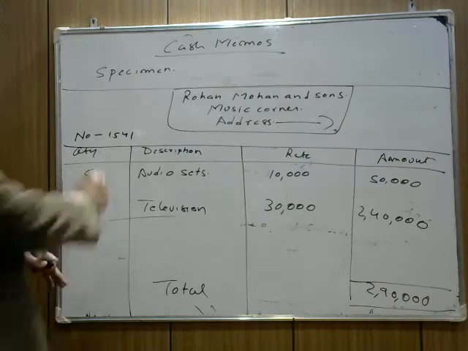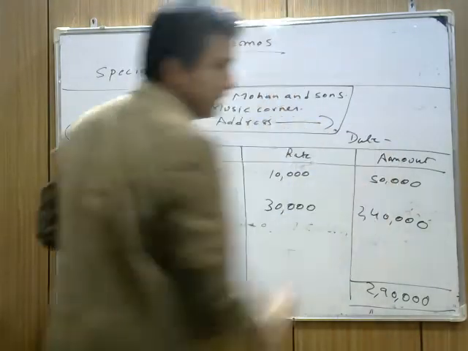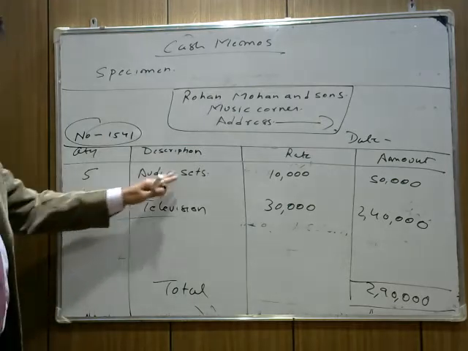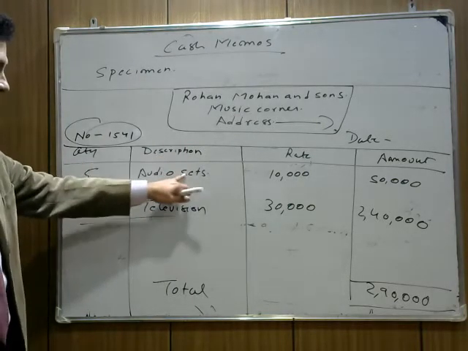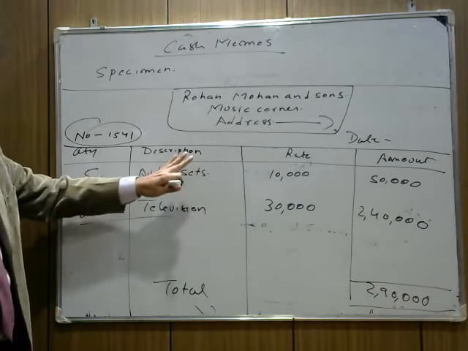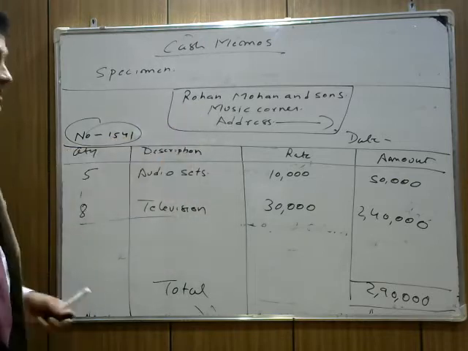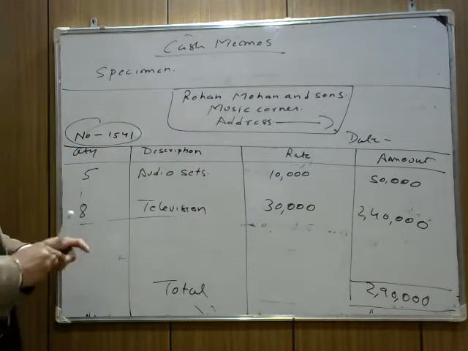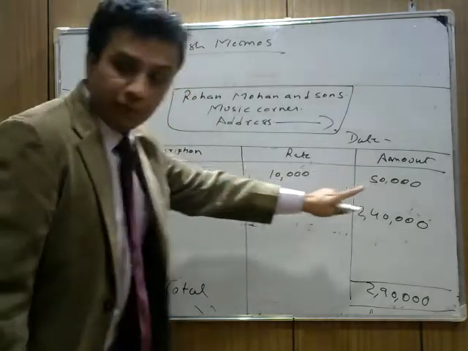Now here comes the number, and here you write the date on which you sold the following music items. Here it says the quantity is 5 audio sets. Description is what you purchased or sold for cash. Rohan, Mohan and Sons sold 5 audio sets. The cost of one audio set is 10,000, so they sold for 50,000.